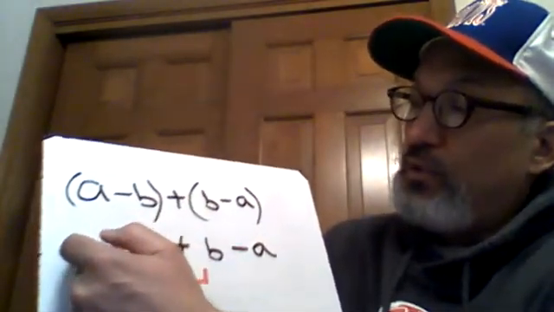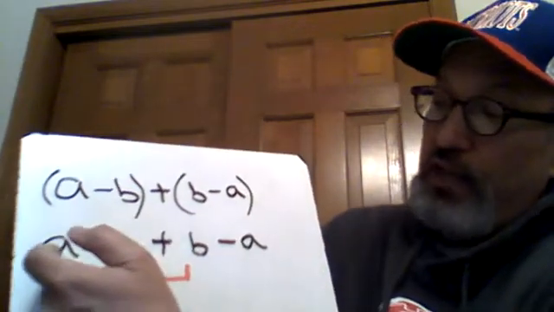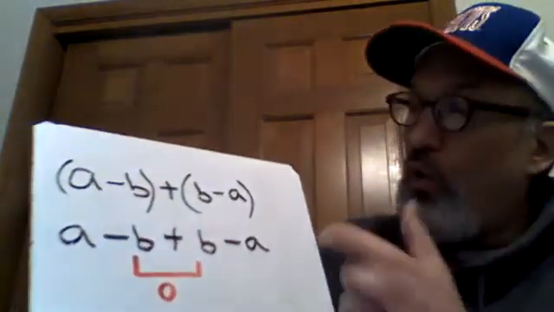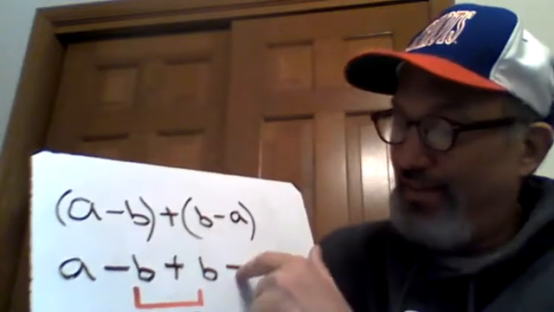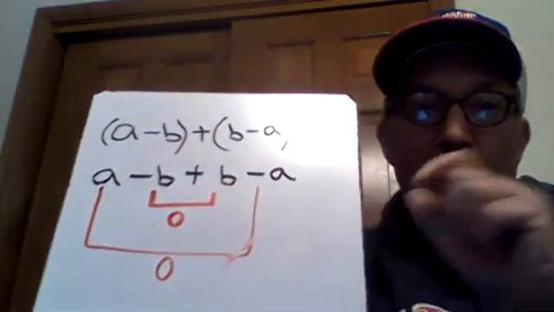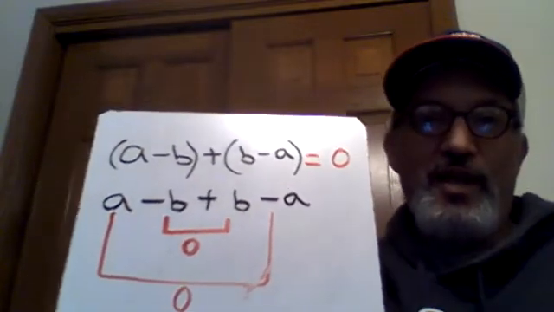And the other 2 numbers are a and negative a. We can just see it as a minus a, it's 0, or we can see it as a plus the opposite of a, right? This is the opposite of a, and we could think of a little plus sign being there. So there we get 0. And that's why when you have a minus b and you add it to b minus a, you get 0. So what does that allow us to say?